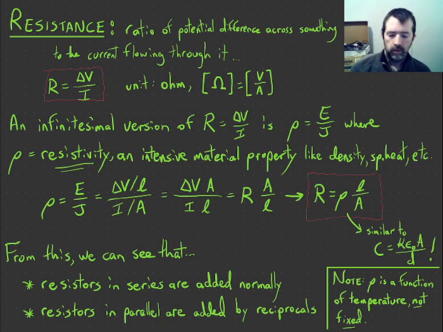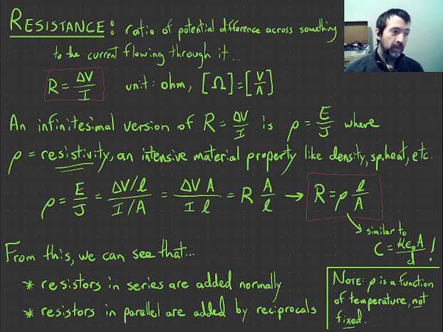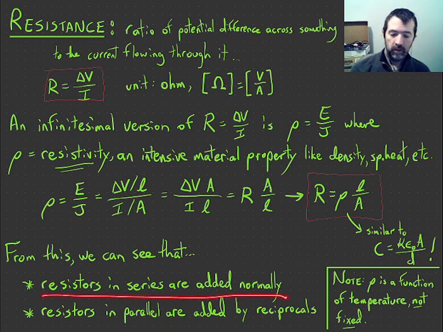And consequently, parallel resistors are added in that same reciprocal style that you saw with capacitors, except with capacitors everything was backwards from this. So series resistors added normally. With capacitors, it was parallel capacitors that were added normally.